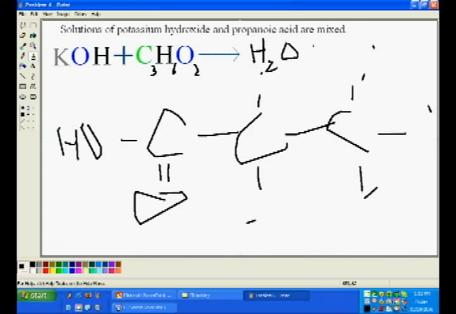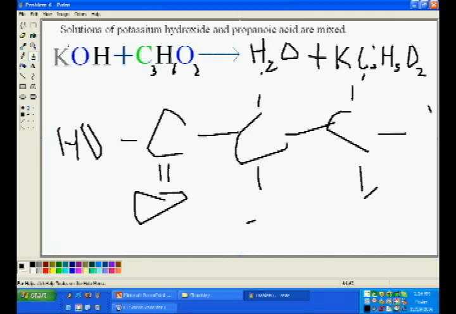Alright. So anyways, we gotta put our salt down, which is KC3H5O2, because one of the hydrogens went into the water. And there it is. Now, the problem is, we've got to separate everything out into ions.